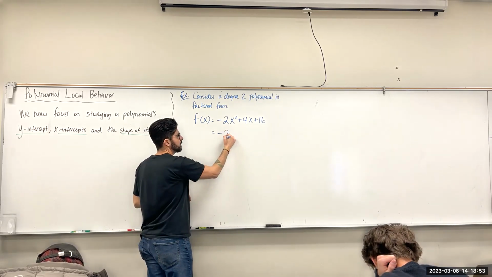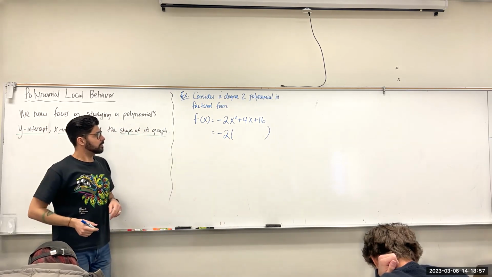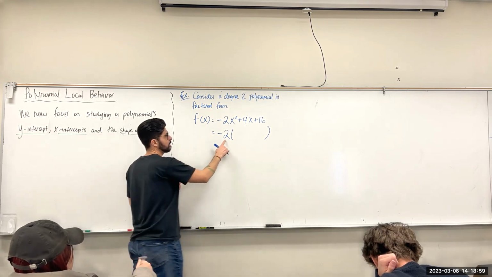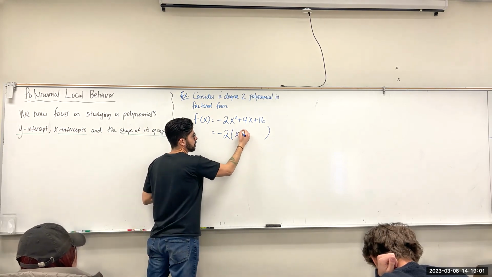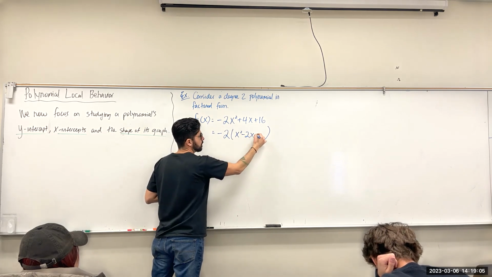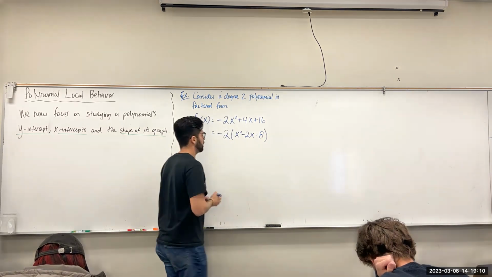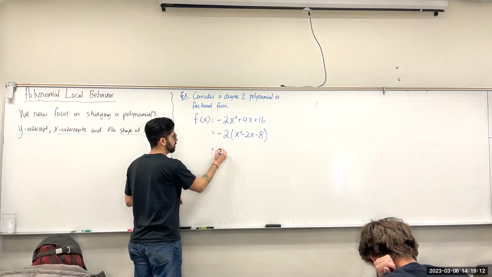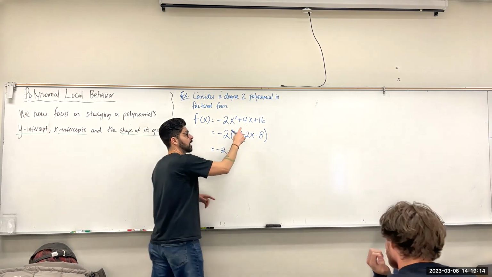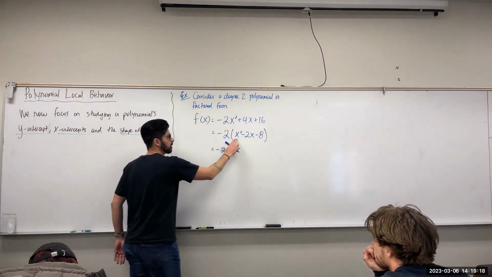If I take out a -2, you're going to be left with x squared minus x minus 8. Okay, and now let's factor that trinomial, the word that we learned for 3 terms. Let's factor this out.